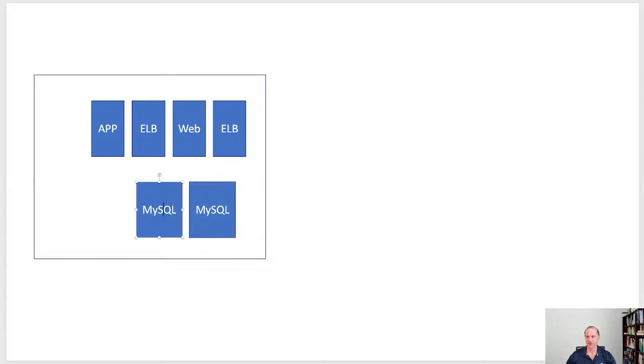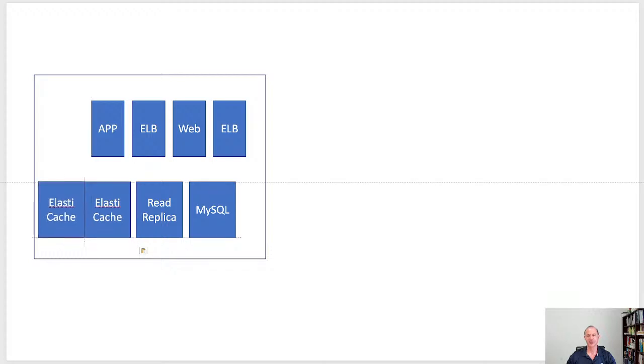So that's a couple of read replicas. Maybe we'll add some caching to reduce the load on the read replicas. Let's say we use something like ElastiCache. And then let's say we reduce write load through the use of some queuing systems. So, typical 3-tier web architecture.